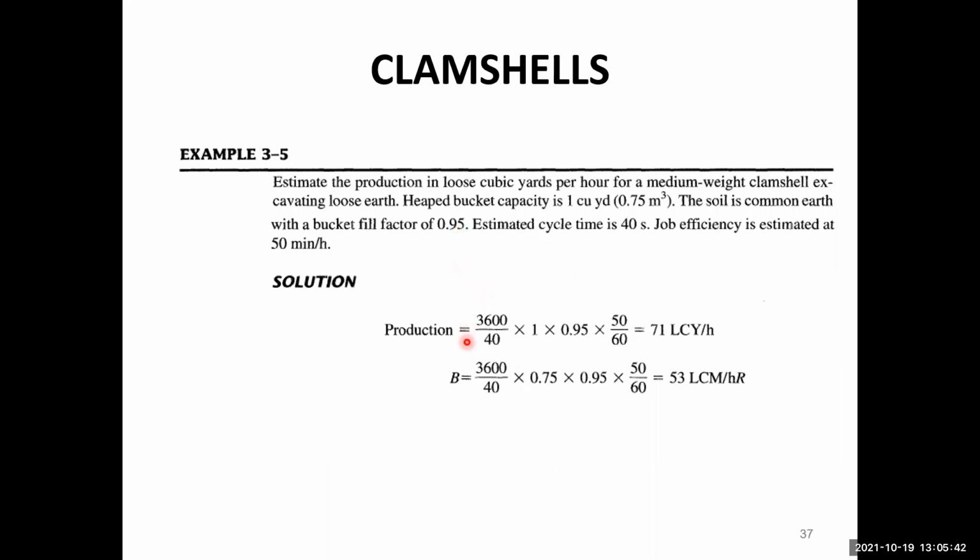So no specific formula has been used, but here you can see that the cycle time has been given. Since the cycle time has been given as 40 seconds, we know that in 1 hour there are 3600 seconds. So in 1 hour there will be 3600 divided by 40 cycles. This is the number of cycles per hour, multiplied by the volume of the bucket.